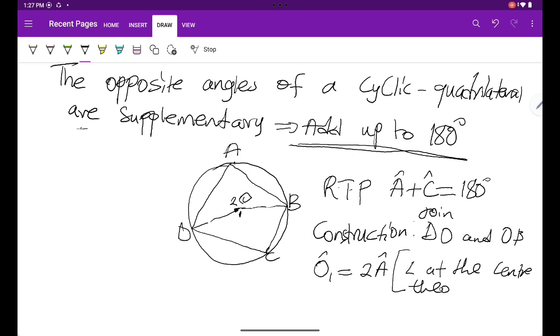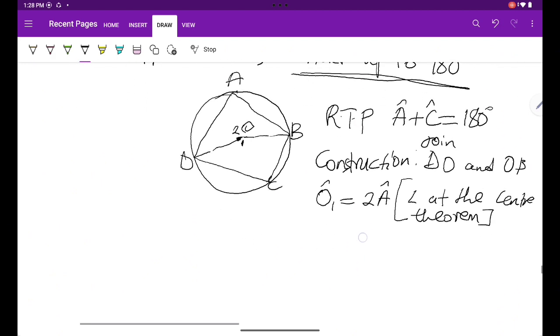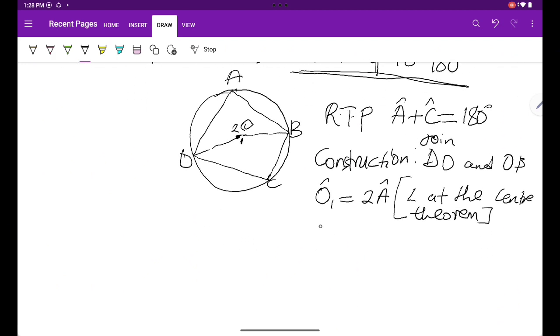We are applying the angle at the center theorem. Right, so if we continue with this, we realize also that angle O2 is also twice angle C, same reason as above, the angle at the center theorem.